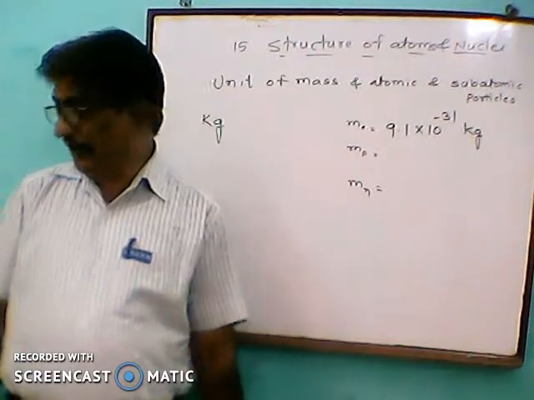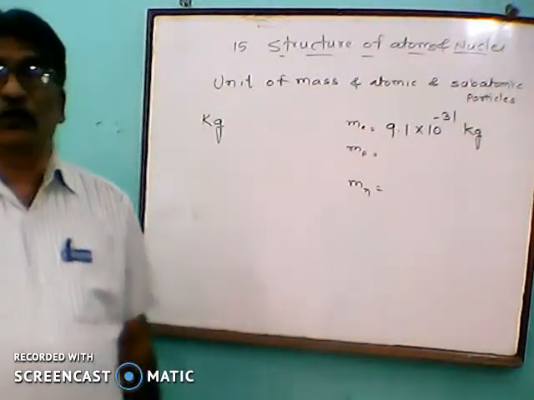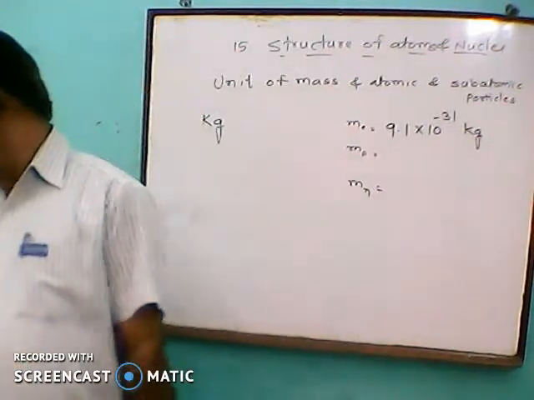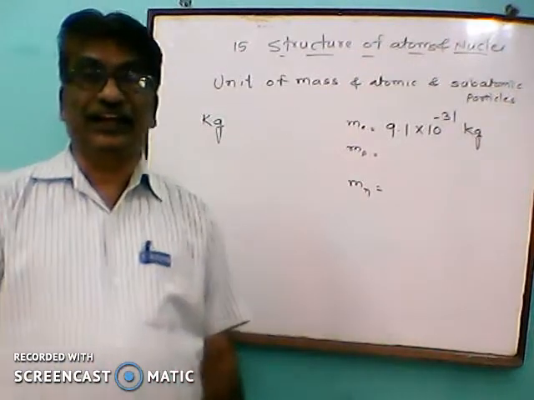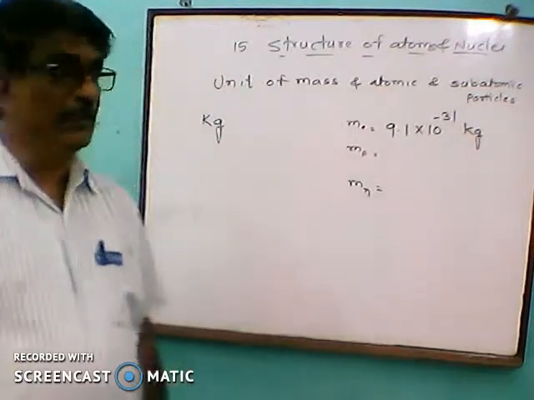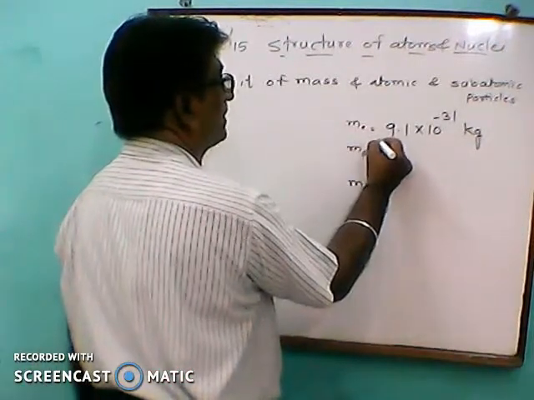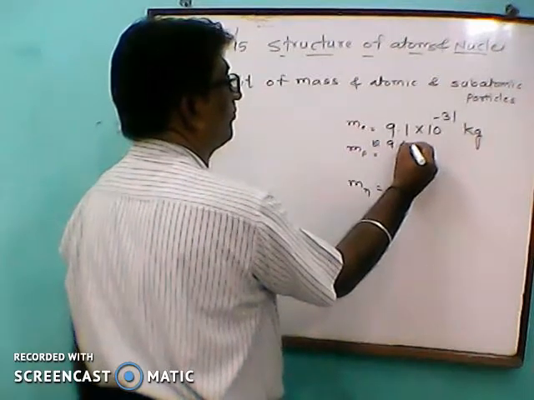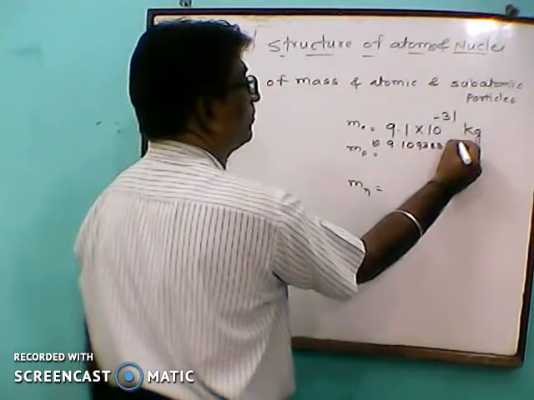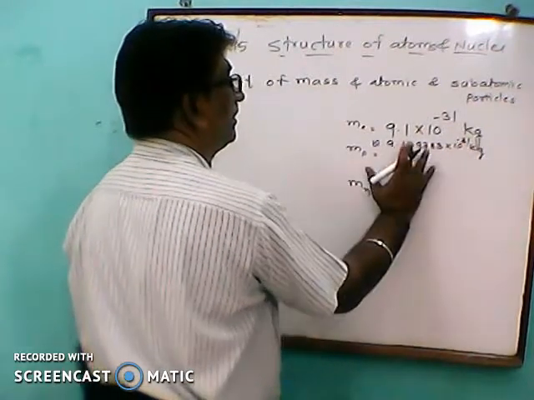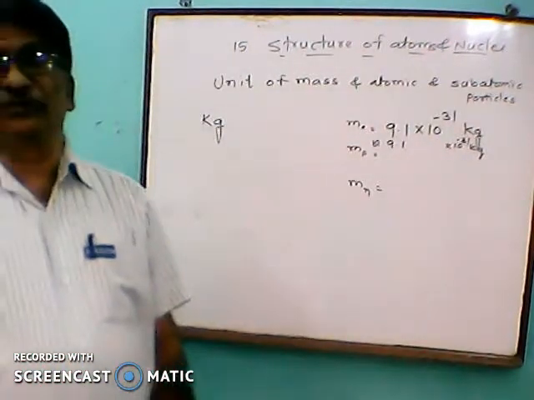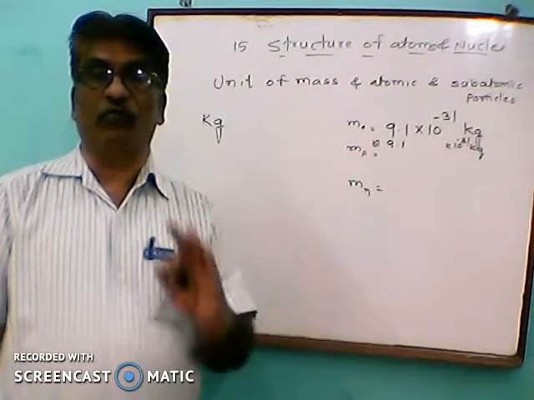Actually the mass will be 9.10938 into 10 to the power minus 31 kg. But for problem solving we can approximately take it as 9.1.